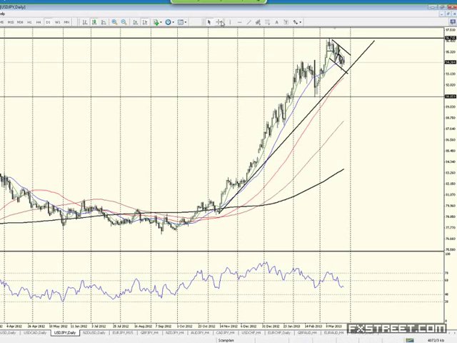A break below that opens up, I believe, the 85 to 91 area. That would be your short-term target for the break of this trend line, and we'll see from there. If it breaks lower, we could start to look at this as a short-term trend to the downside.